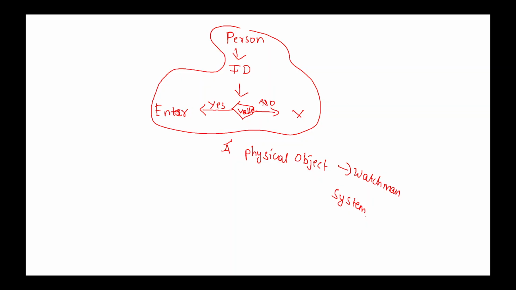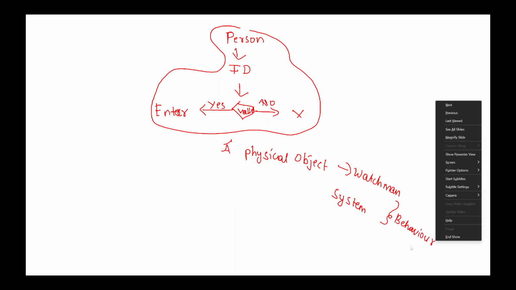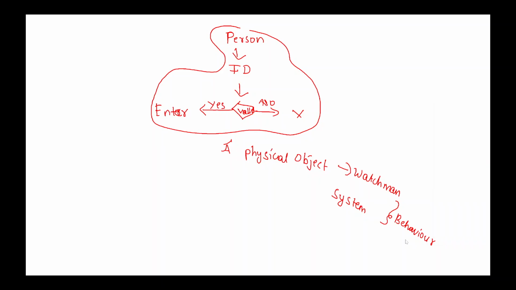So, completely different. But there is one thing common in these two, their behavior, right? They both scan the ID cards and say whether they are eligible to enter the college or not. So the behavior is the same.